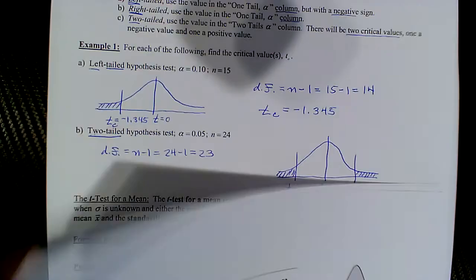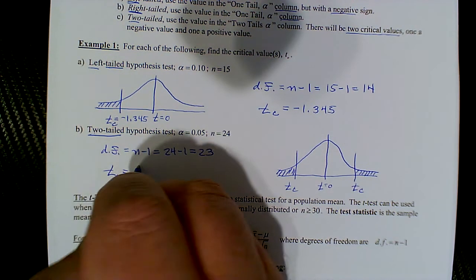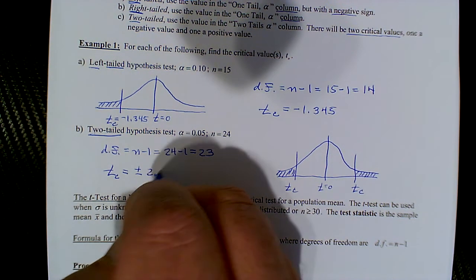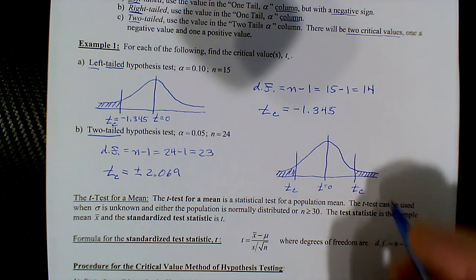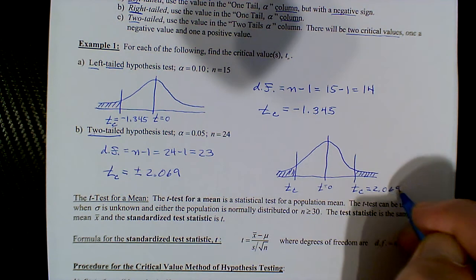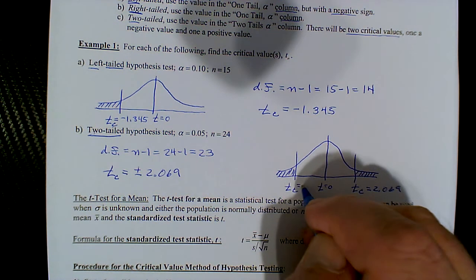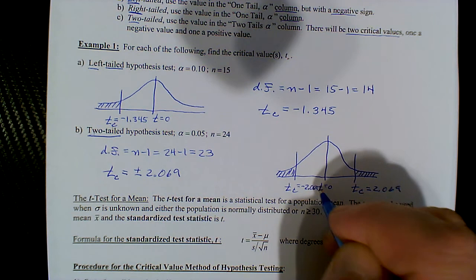So t sub c would be, say, plus or minus 2.069. And on the diagram, if you wanted to label it, 2.069 on the positive end and negative 2.069, to kind of squeeze it in there on the negative t-side.